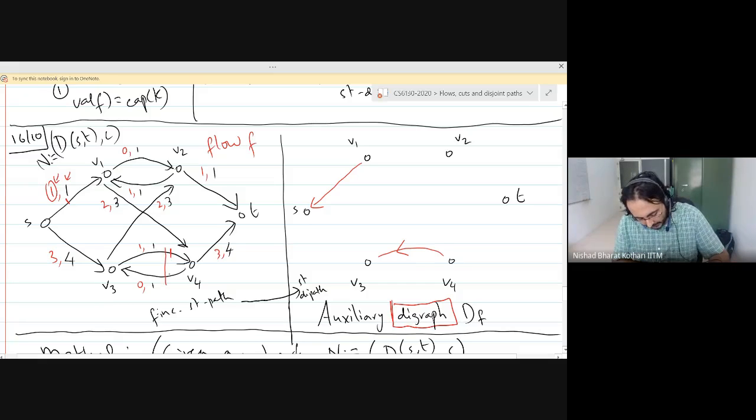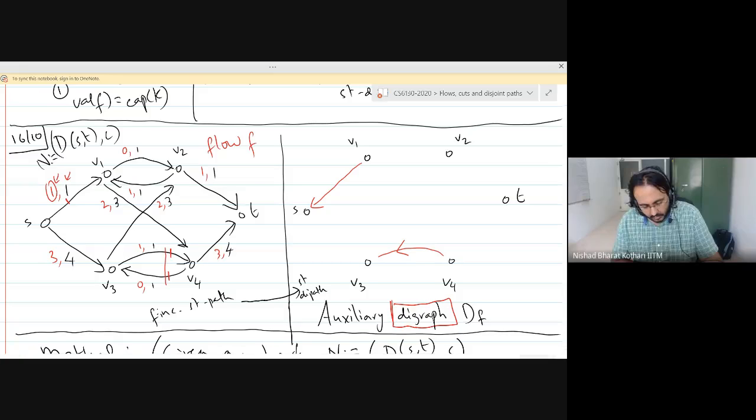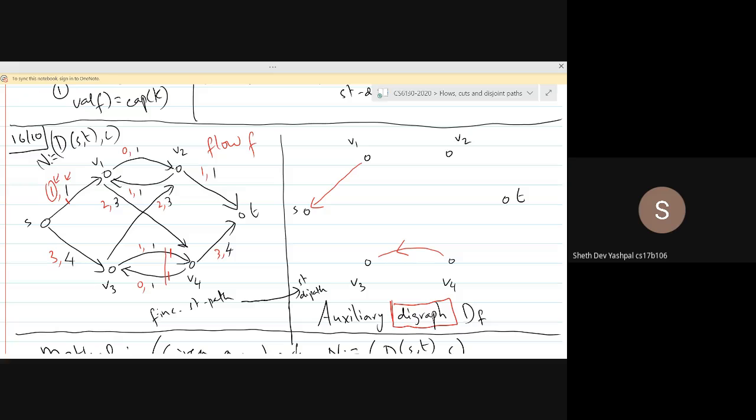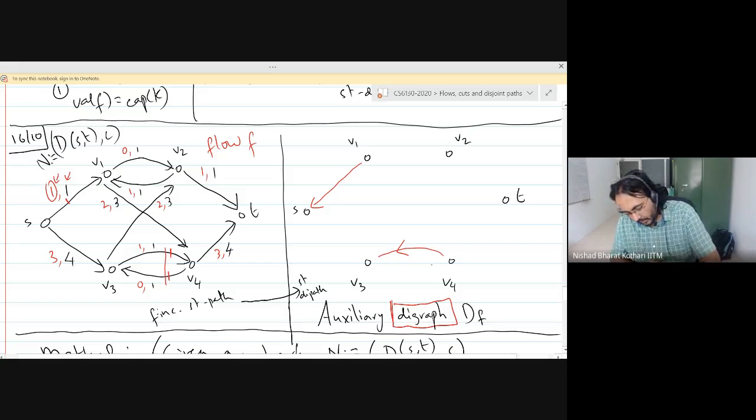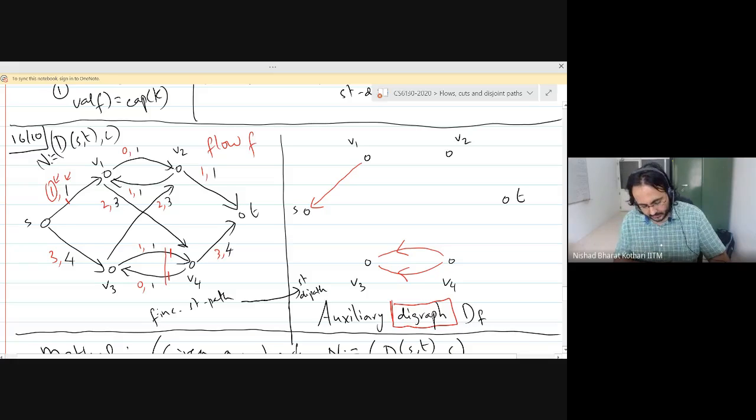But what about this guy? Oh, it has 0 flow, right? So you cannot put a forward arc for that. But you have already put a reverse one. Right. But I can put a second one, right? To be consistent, I could just include both arcs. Okay. What about this one?